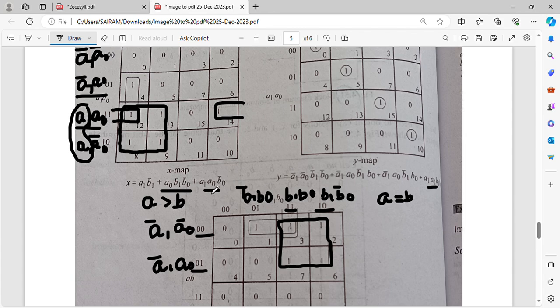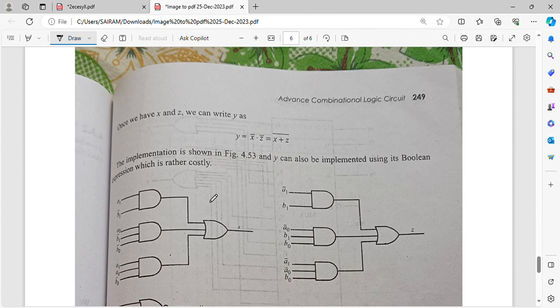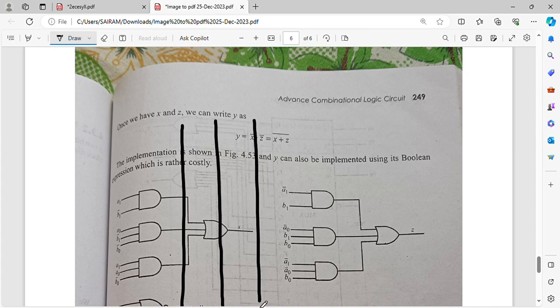So for this I'll just implement this using a table, right? See how I implement it correctly. So please write for this one, that is your 4 lines: A1 A0 and B1 B0, right?